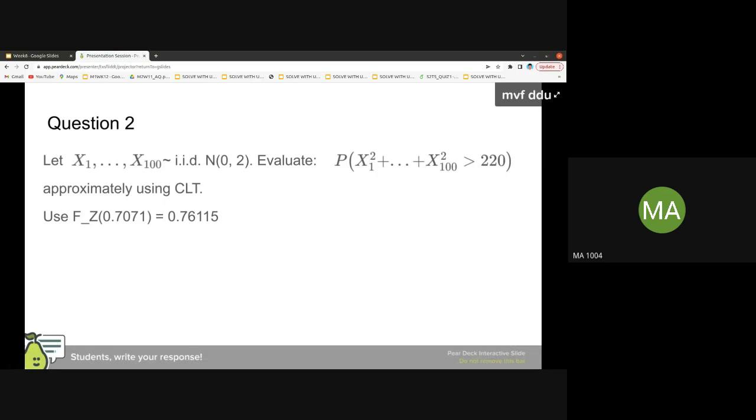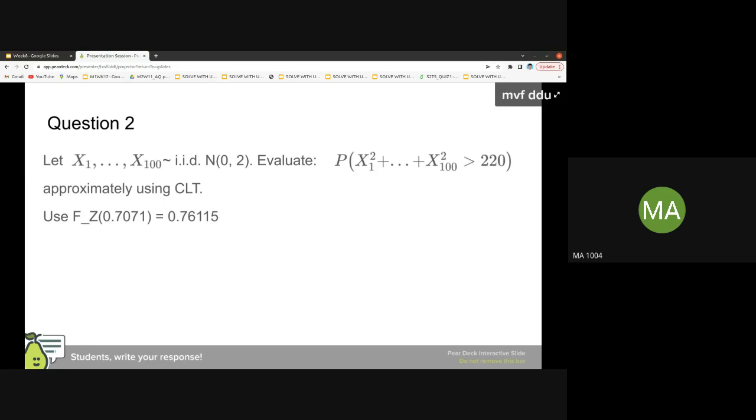See, whenever CLT comes into the picture, you should have only one thing in mind. Whatever random variable is given to us, you have to find the expected value of that random variable and the standard deviation of that random variable. So here the function is x1 square plus x2 square and so on up to x100 square.